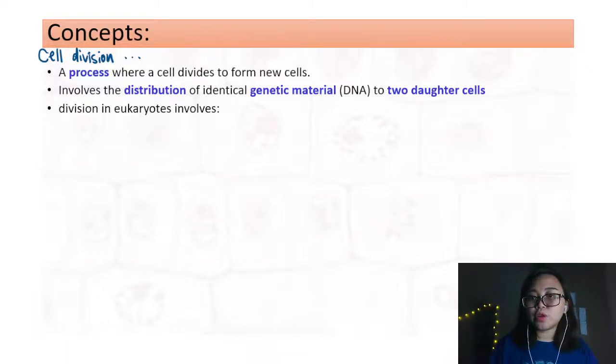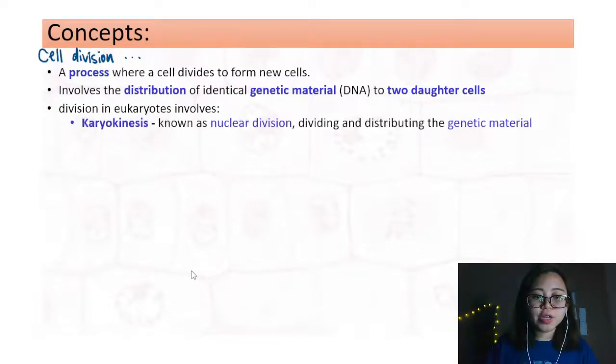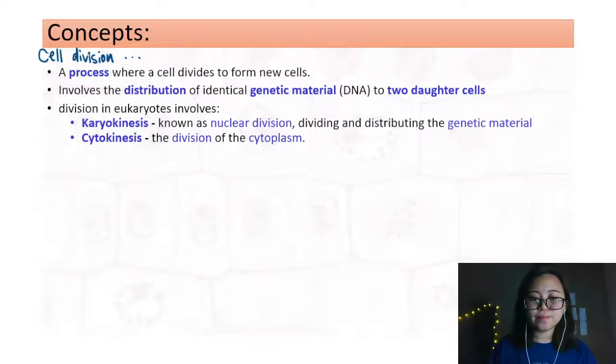And when we look at eukaryotes like you and me, it will involve karyokinesis, also known as nuclear division, where they divide and distribute the genetic material or DNA. And second, it will involve cytokinesis, which is the division of the cytoplasm.